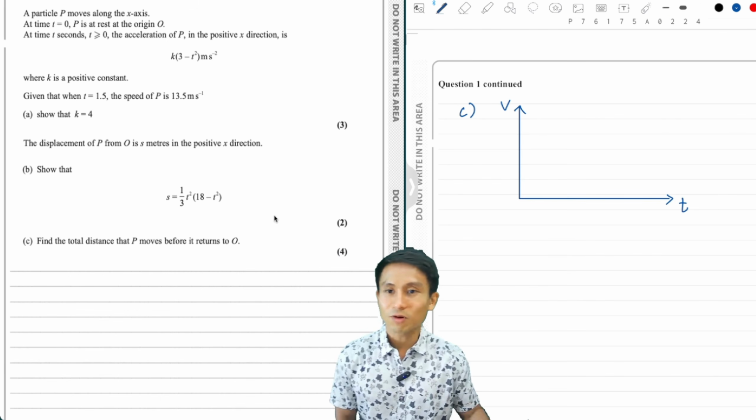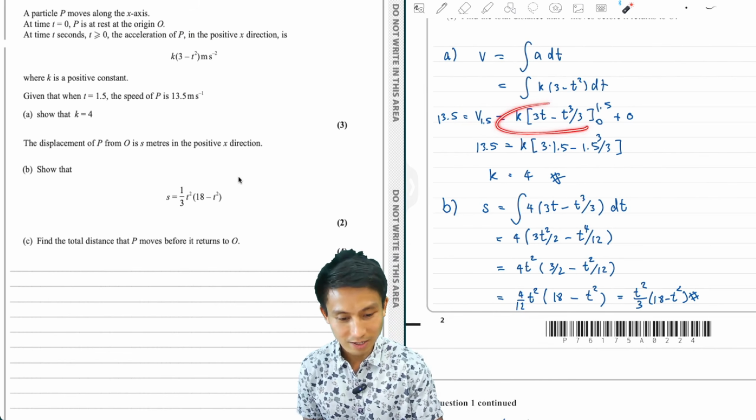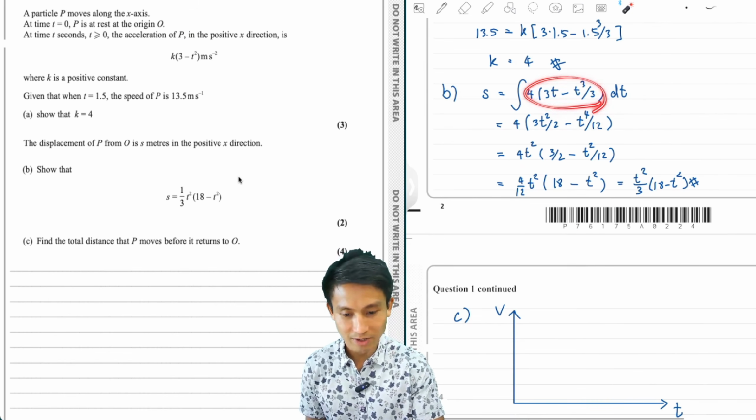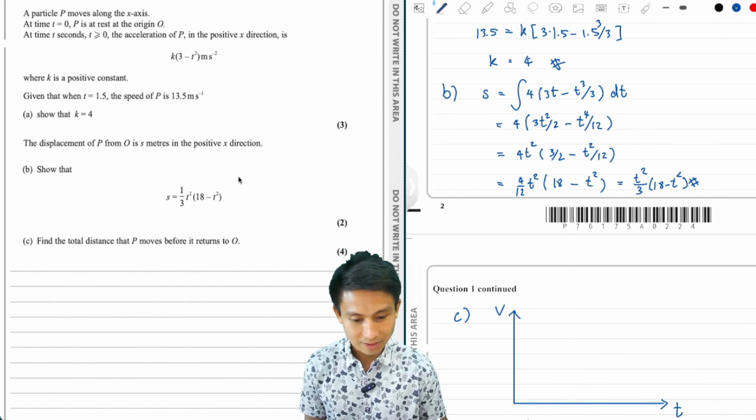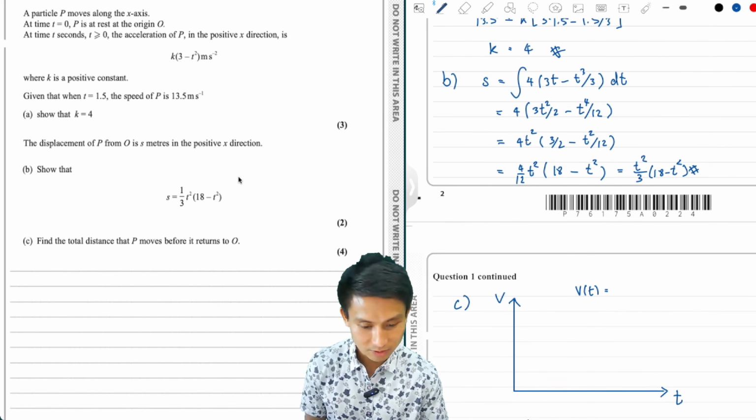And the velocity time graph we got earlier was this one. So I'm just going to take v(t) equals 4 plus 3t minus t cubed over 3.